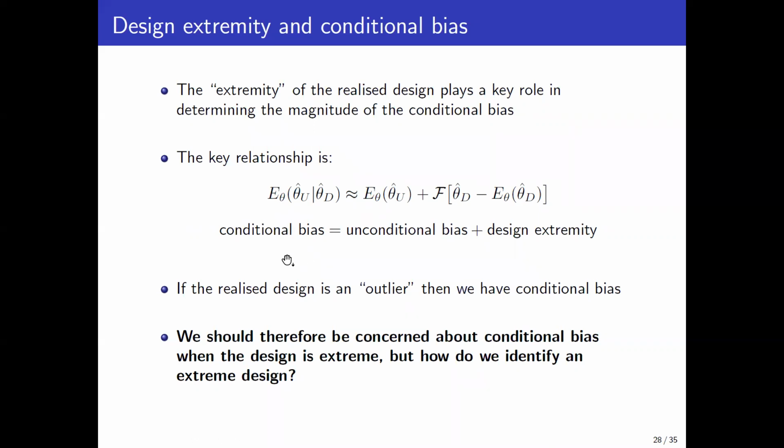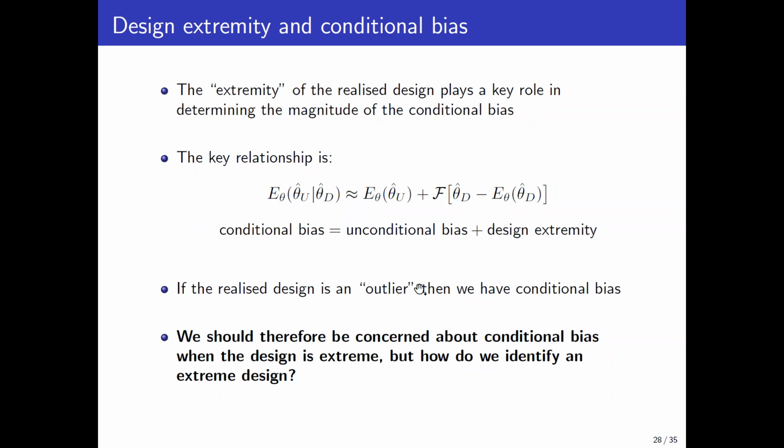And the key relationship here is that the conditional bias is equal to the unconditional bias plus a measure of the extent to which the design is extreme. And by that, I mean the difference between the design MLE and its expectation. So if we've got a design that is quite typical, then this term will be 0. If we've got a design that is quite extreme and unusual relative to what we would expect on average, then this will be non-zero. And that's what I'm referring to as the design extremity.